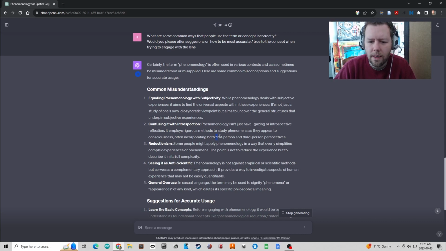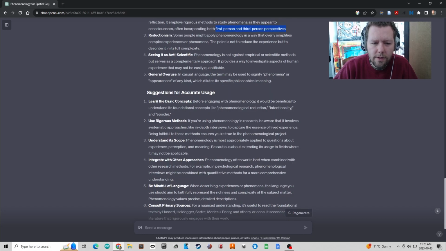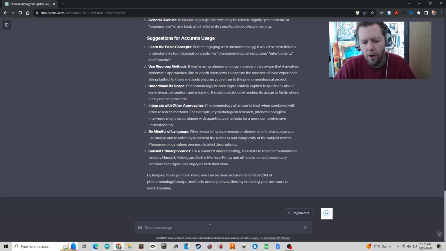Okay, so I think that's trying to connect it with my own research because I'm interested in first-person, third-person cameras. But reductionism, seeing it as anti-scientific. Okay, and then here are some suggestions for accurate usage. So let's say I have a very global overview here, and I'd like to learn more.